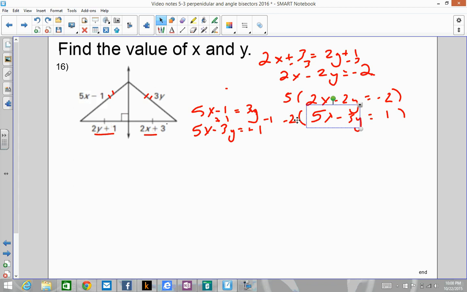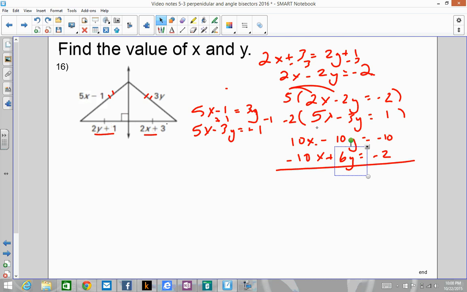And when I do that, I get 10x minus 10y equals negative 10. When I do it to the other one, I get negative 10x plus 6y equals negative 2.